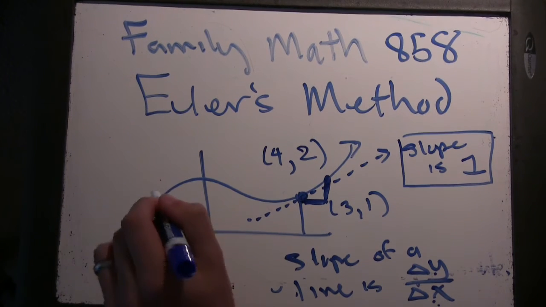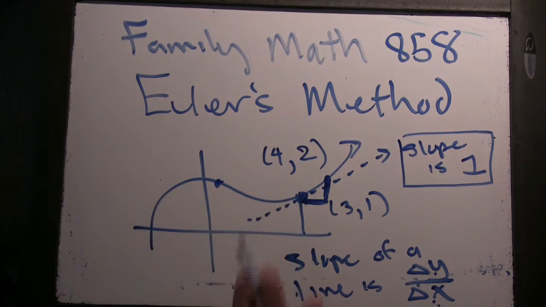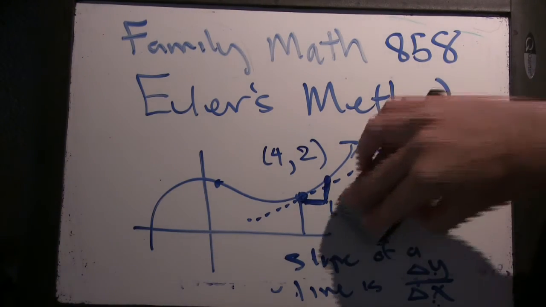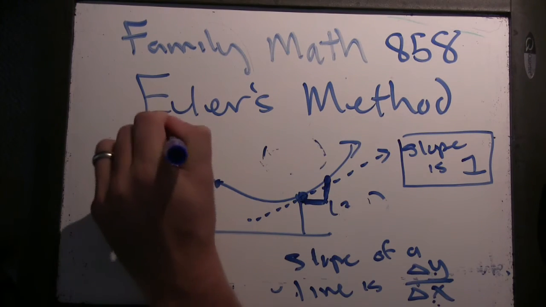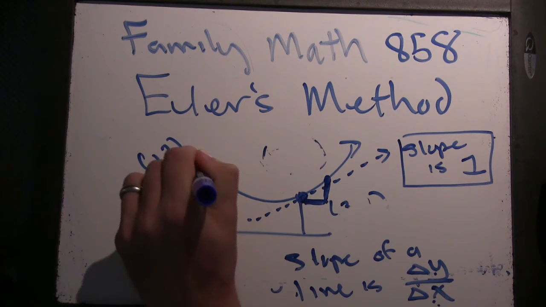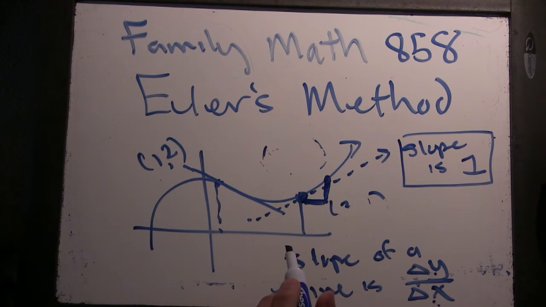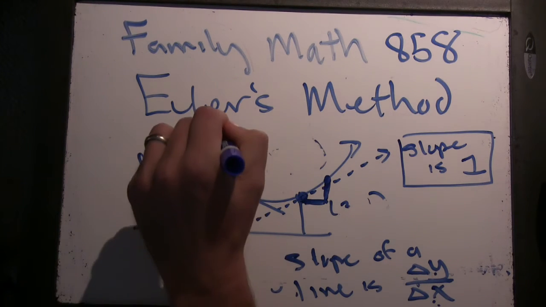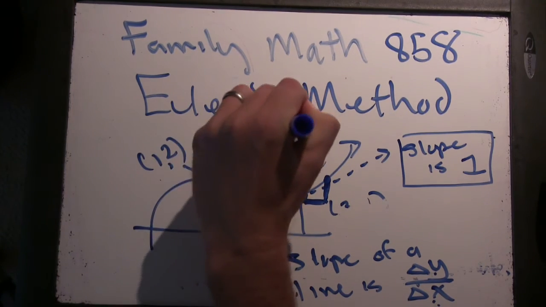And what if I was at, let's say, this point here. Let's pretend I didn't label these points before, because I'll label this the point (1, 2). And it looks like the slope here might be what? That'd be maybe about -1. Yeah, I'm going to call it -0.5 to make it a little more challenging.